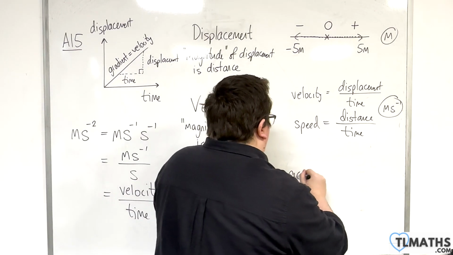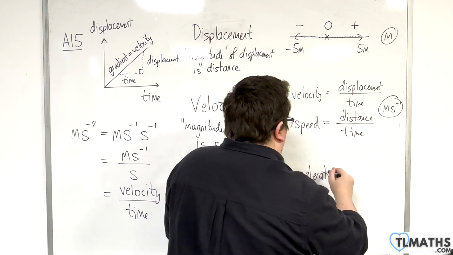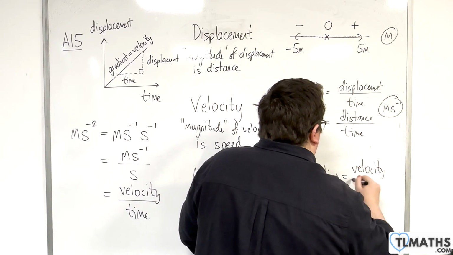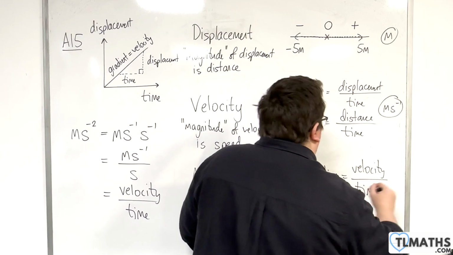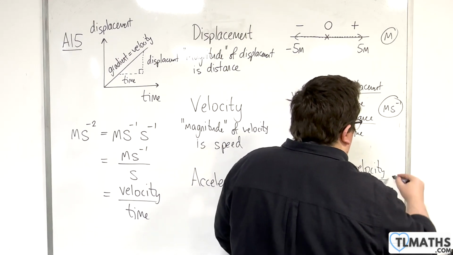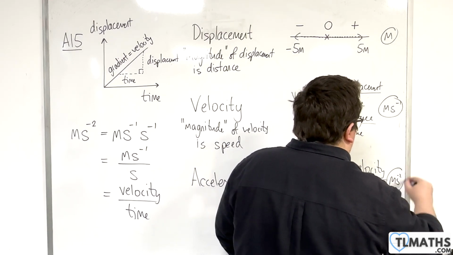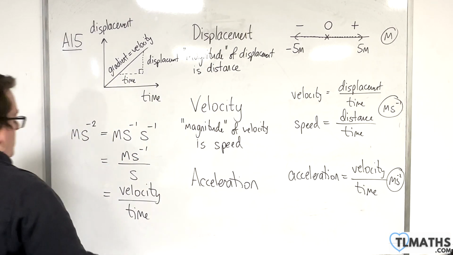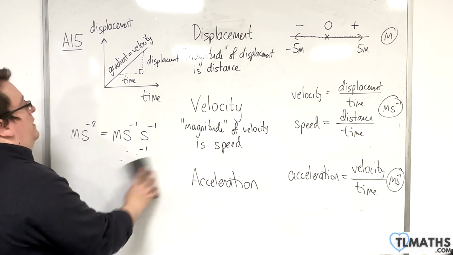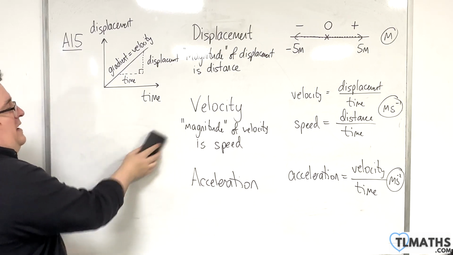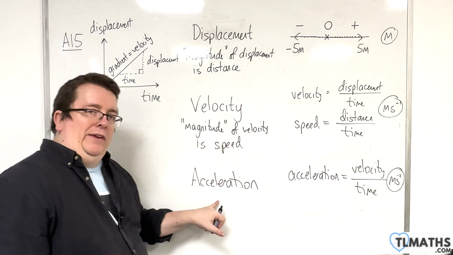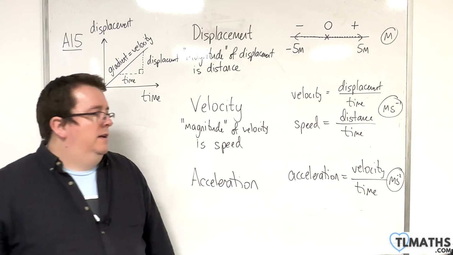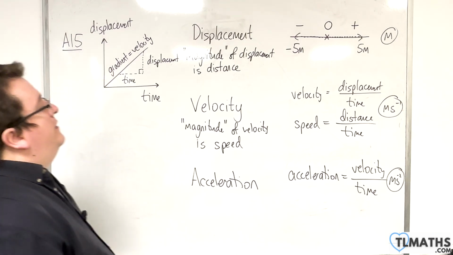So acceleration is change in velocity over time, and is measured in meters per second squared. Now you might be wondering, is there a word for the magnitude of the acceleration? We just refer to it as the magnitude of acceleration. It doesn't have its own fancy word there.